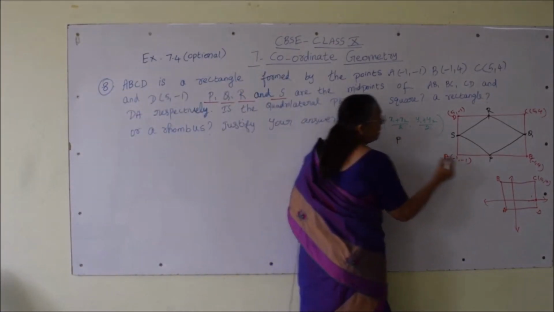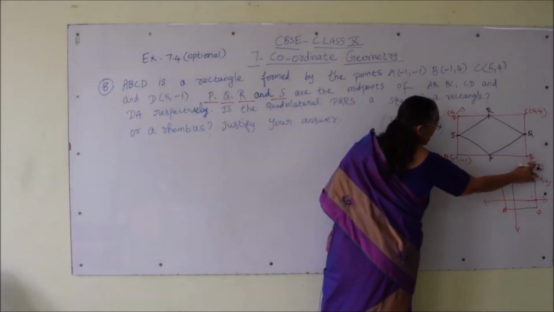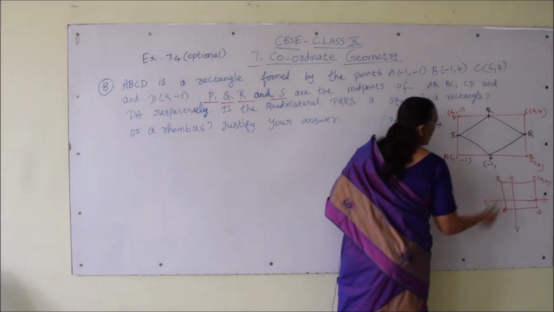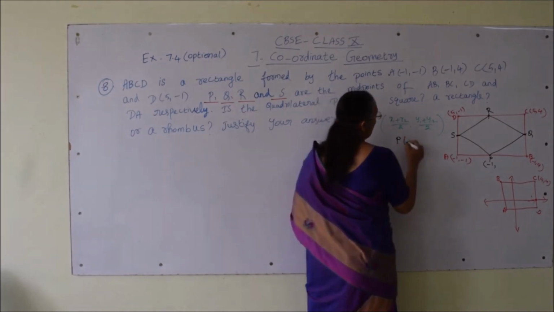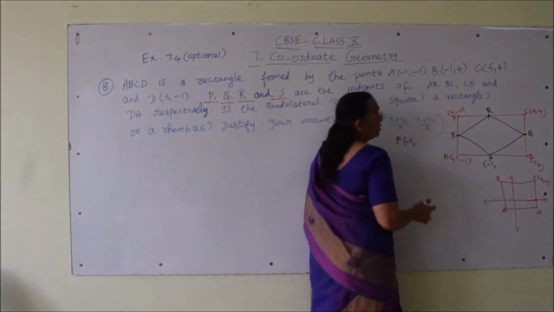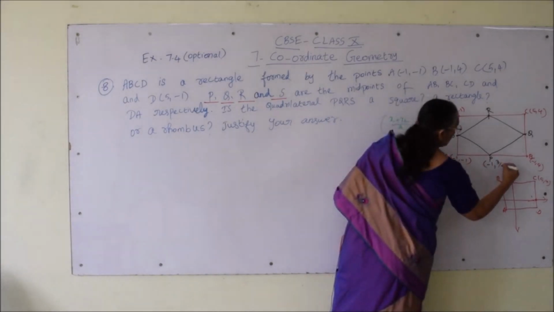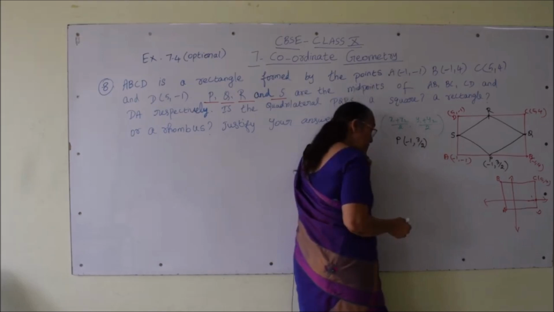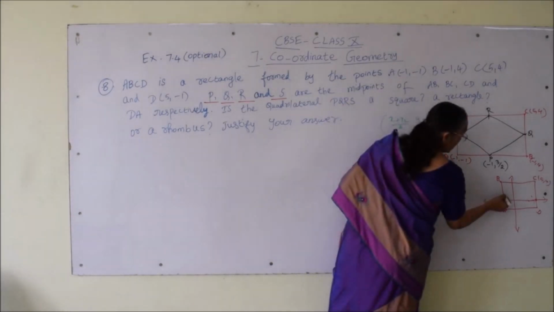P is -1, which is -2 by 2, again -1, and (4 - 1)/2 is 3/2. So P point is (-1, 3/2), you can mark it here also.